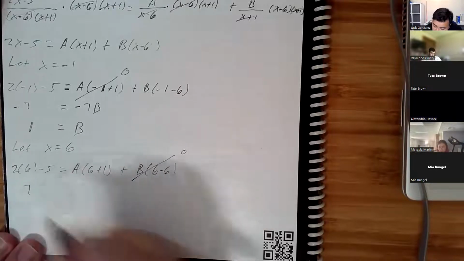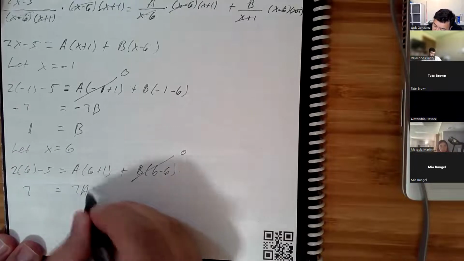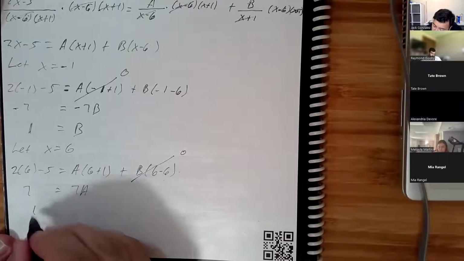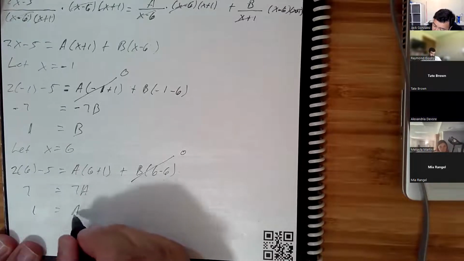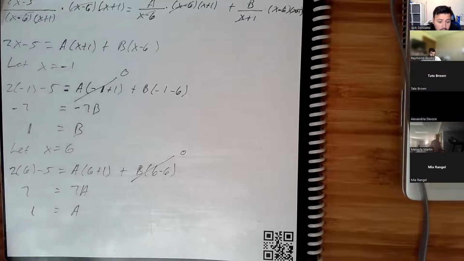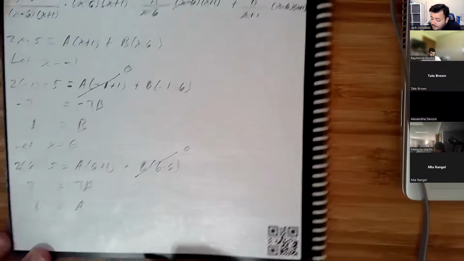That'll be 7. 7 times that is 7a. So it looks like a is also 1. Double check though, because that makes me paranoid. 6, 12, 7. Yeah. Yeah, cool. So that means that A and B are both 1.